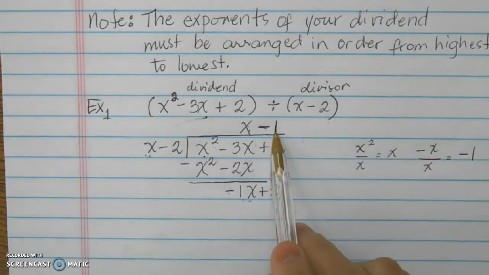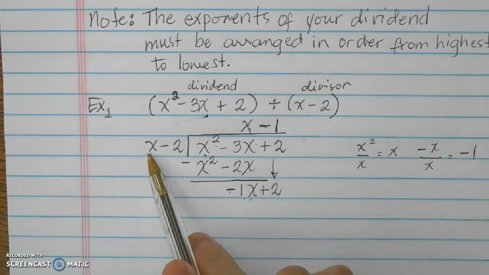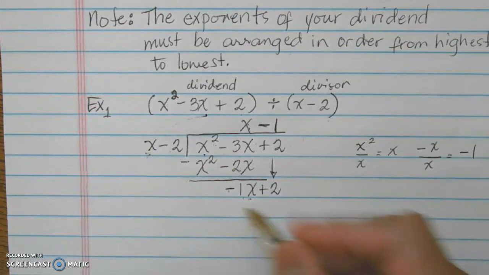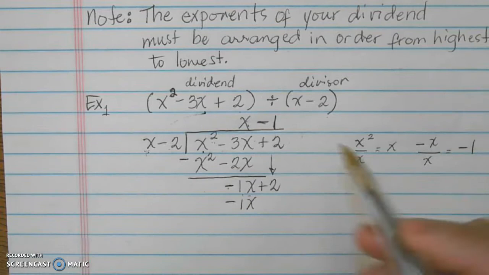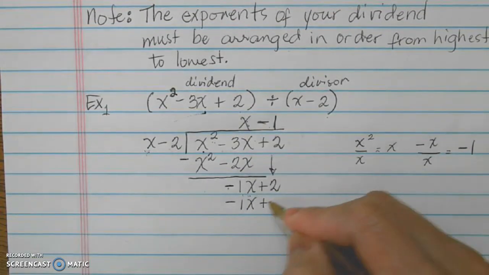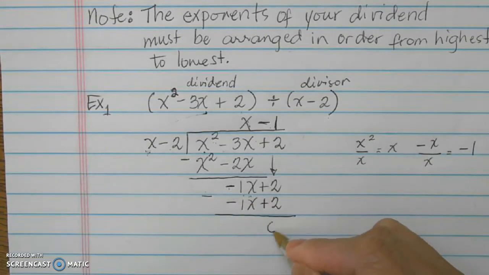So our answer is negative 1. On your way down, you will have to multiply negative 1 with x and negative 2. So how is that? Negative 1 times x is negative 1x or negative x. Negative 1 times negative 2 is positive 2. And you're going to subtract, and the answer is 0.